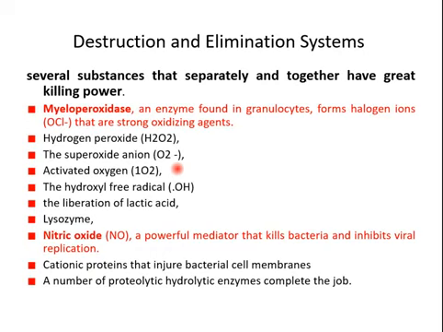Also hydrogen peroxide H2O2, superoxide anion, activated oxygen, the hydroxyl free radical, liberated lactic acid, lysozyme, nitric oxide, which is a powerful mediator, cationic protein, and a number of phagolytic hydrolytic enzymes. All of these materials represent a great killing power. These substances help to kill the microbes, and help in destruction and elimination.